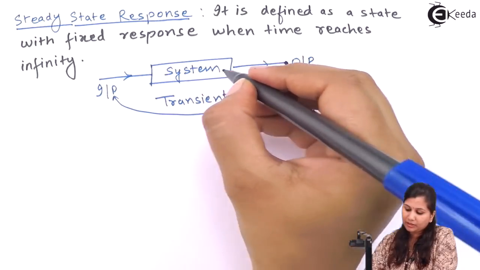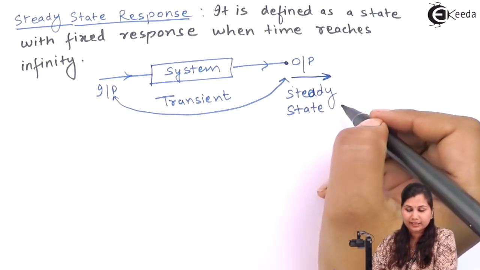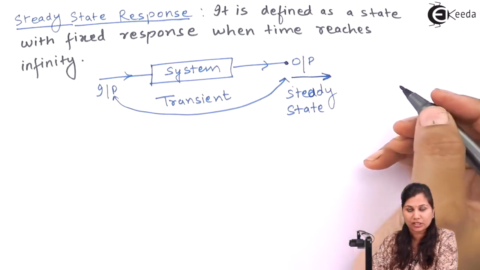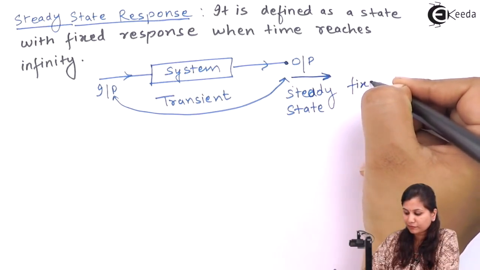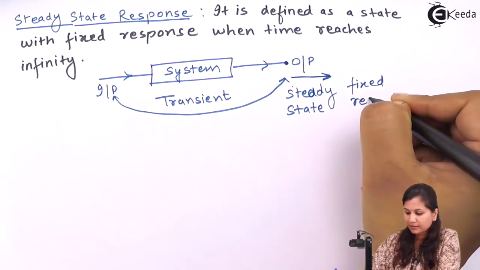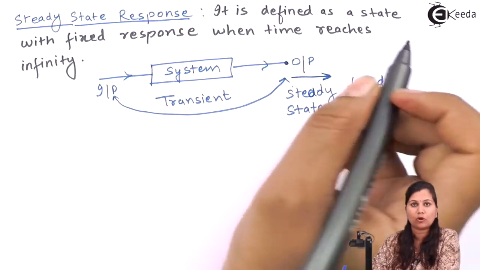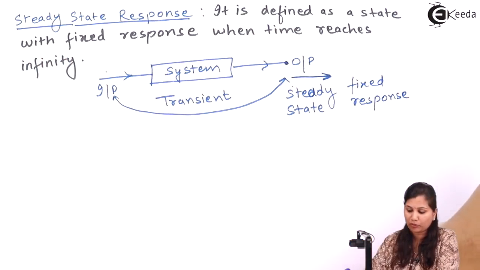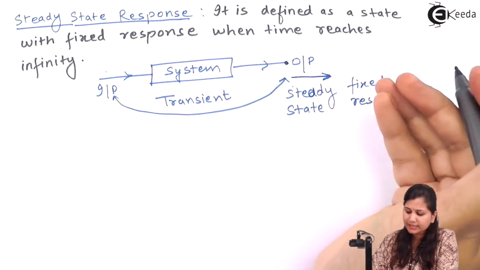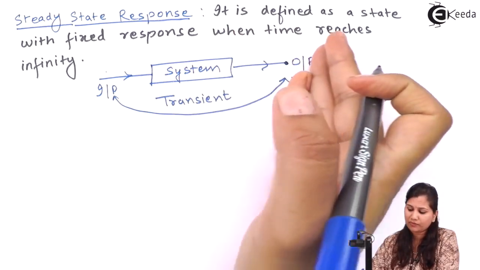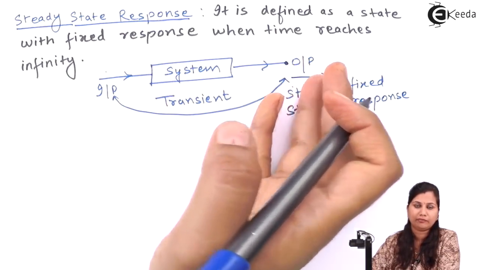So when the system has attained a steady state, the response is fixed. That response of the system is called the steady state response, and it is achieved as the time reaches infinity.